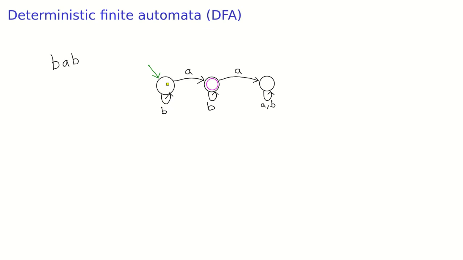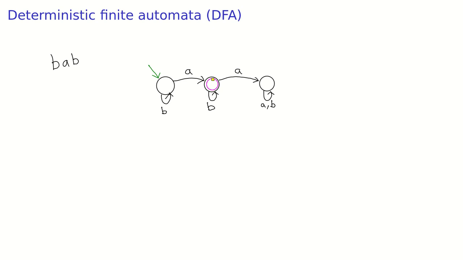This leads to itself, it's just a loop. So we end up in this state again. The next letter is an A, so we follow the arrow with A. So we go to this state. Now we read the final B, so we do a loop again, so we end up in this state. Since this state has a pink circle, we accept the word BAB.